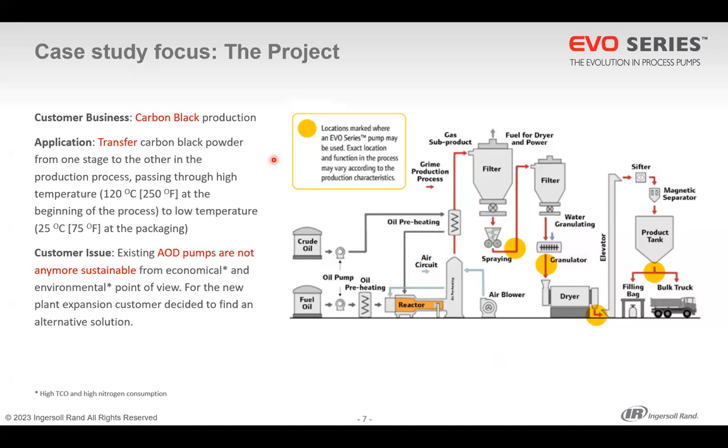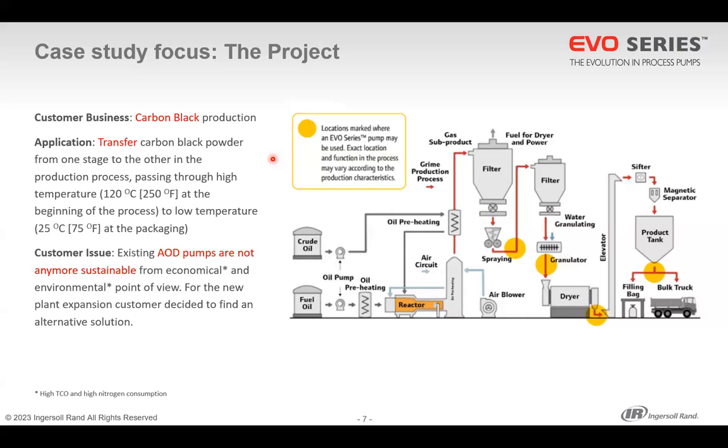And in recent years, by the way, carbon black became also very highly used as a filler in anodes and in cathodes in lithium batteries. So it's an exploding market. What was the application?